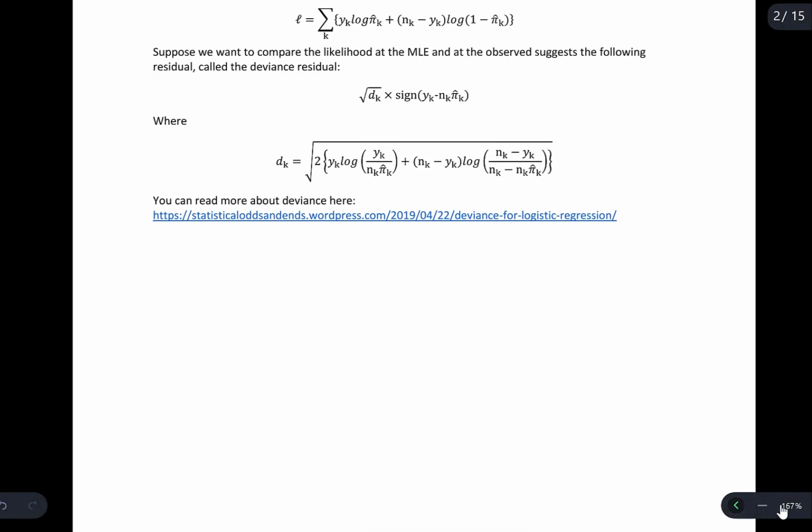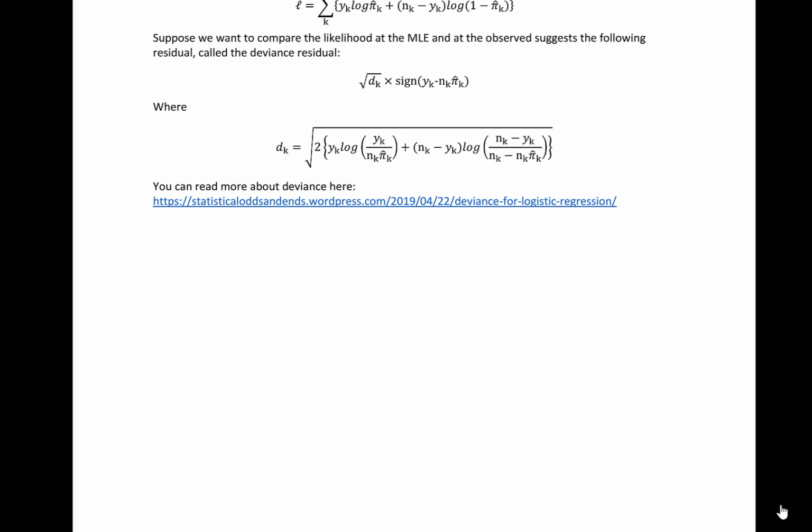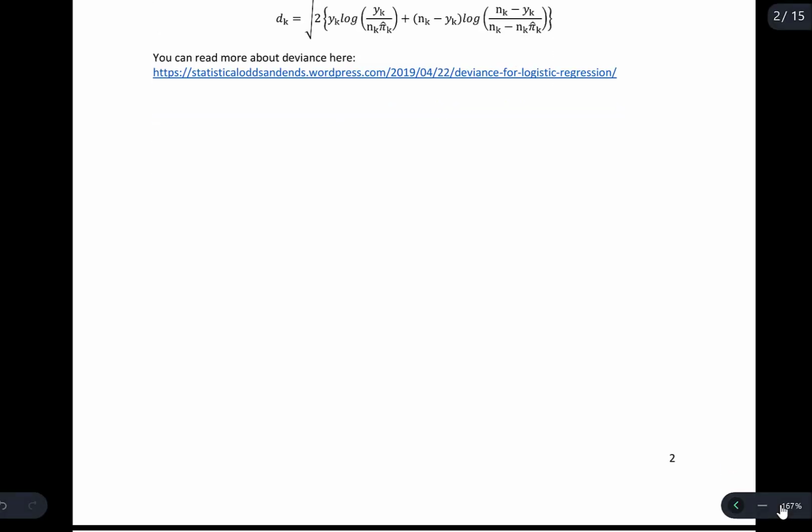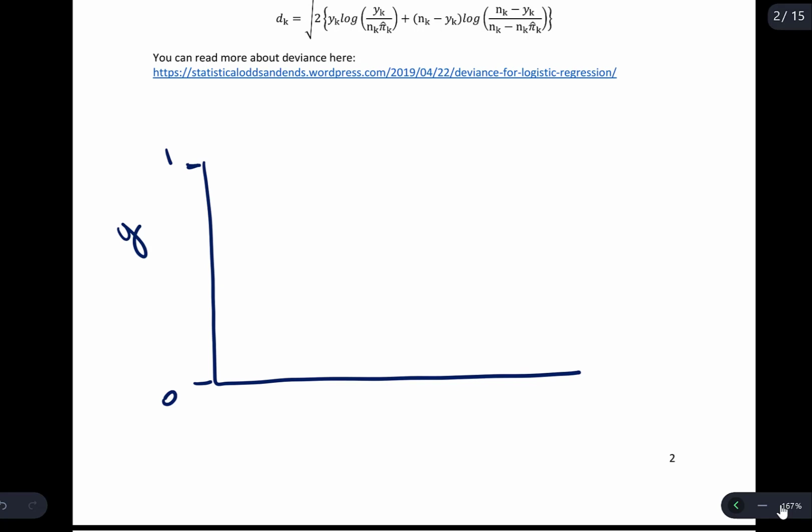So just to talk about what we mean by this comparison of the likelihood for a perfect fit versus our fit, let's look at what that would look like. Suppose that I wanted to plot my data. Here at the bottom we'll have a 0 and then a 1 at the top, and this will denote my response variable.